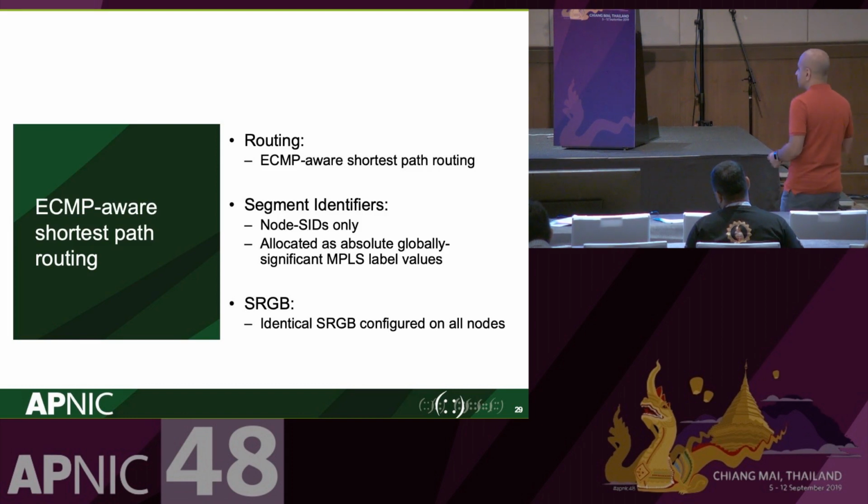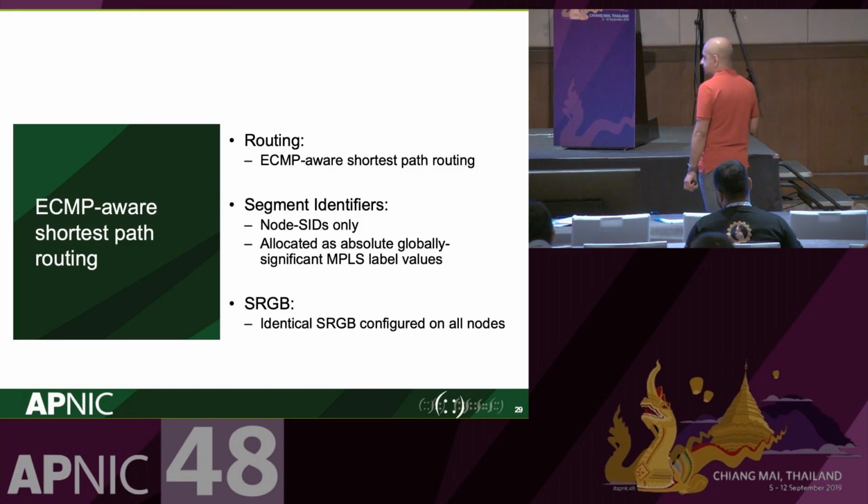The second thing here is that we will be using segment identifiers as node SIDs only. Remember I said there's a few different types of these: node SIDs that identify nodes, and adjacency SIDs that identify links. In this example, we only use node SIDs, just to simplify things. And we have this concept of an SRGB.